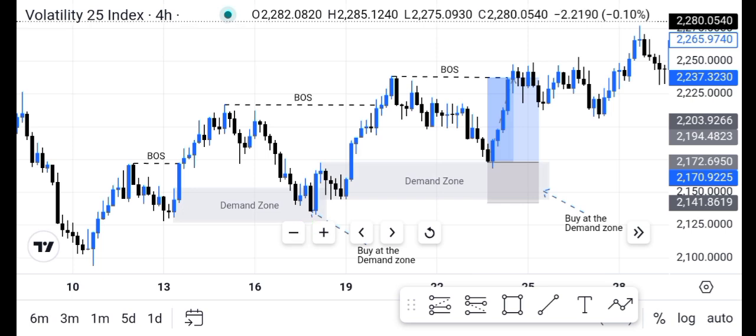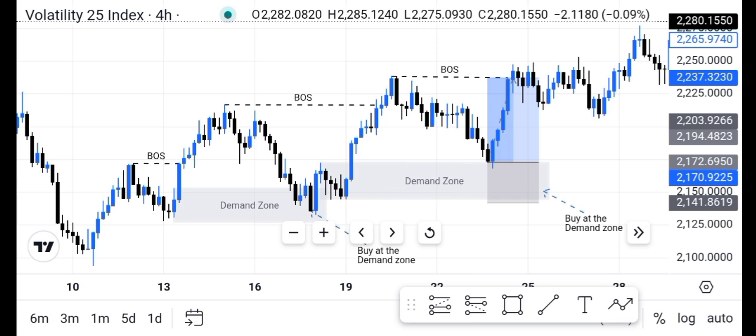You can see buyers took over from that demand zone, pushed price upward and broke structure to the upside. We are in a bullish trend, so we are looking for buy opportunities. After this break of structure again, a demand zone was generated automatically. So you should expect price to retrace back, and as a trader, you should buy from that demand level or demand zone.